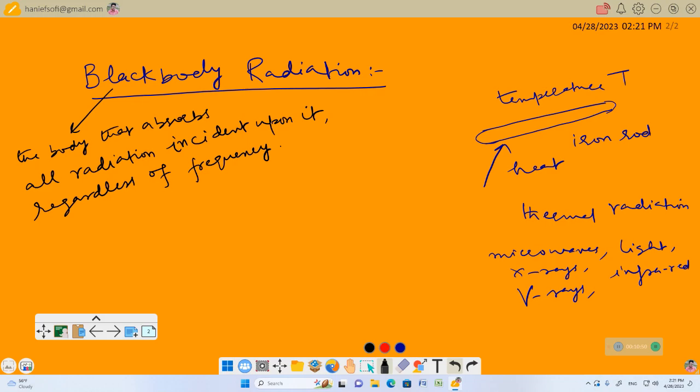You might know that we define an ideal gas as a gas which satisfies the ideal gas equation PV equals nRT, and we know all real gases behave like an ideal gas under certain conditions. The condition is when they are kept at low densities, or you can say at high temperatures and low pressures.